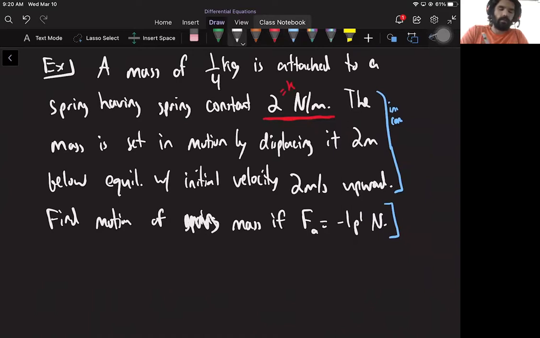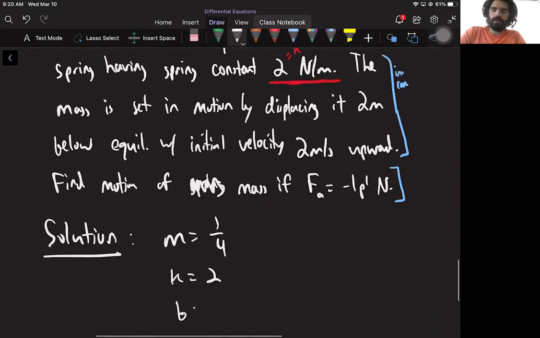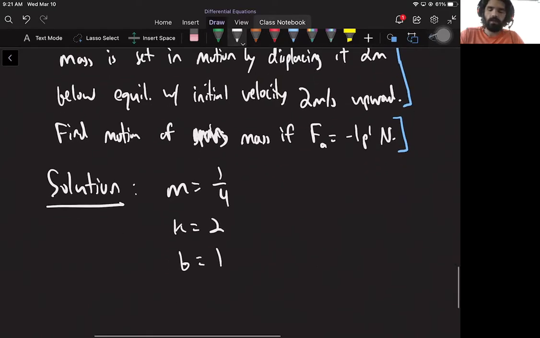The idea is that we should just write everything down that we need to make it work nice and easy. So what's the mass? The mass is 1/4. The spring constant we don't have to figure out this time, it's just 2. The air resistance tells us that B is 1. And there's no external force still, so that's still 0.